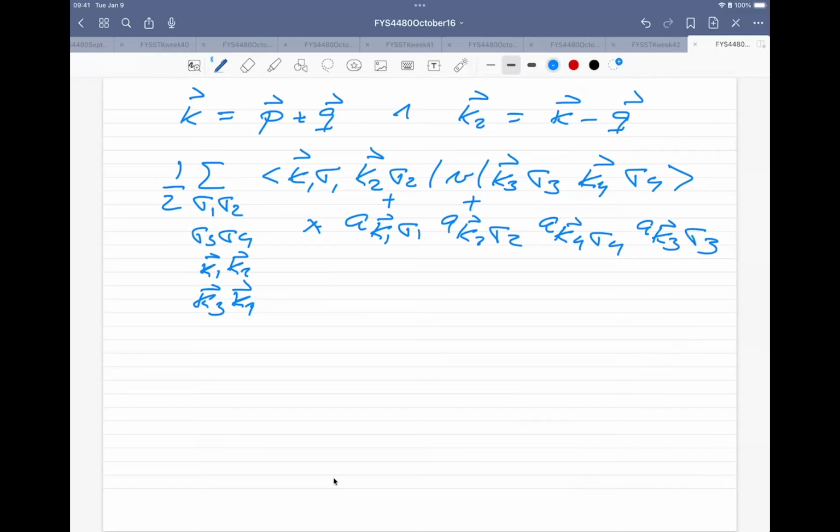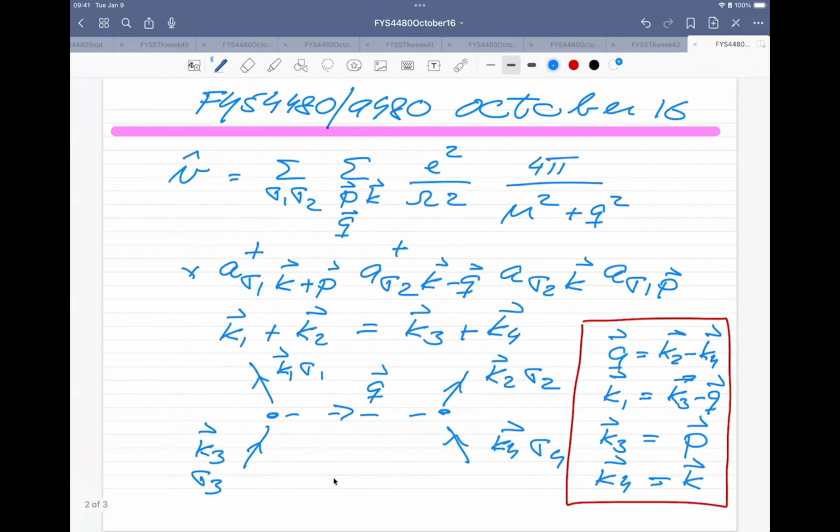Now, one of the things which we found last time is that for the Kronecker deltas for the spins, we have the orthogonality relations, which means that sigma 1 has to be equal to sigma 3. If we go back to the original image, this was where we started. We had K1, sigma 1 coming out, K3, sigma 3 coming in, and the same on the right-hand side here.